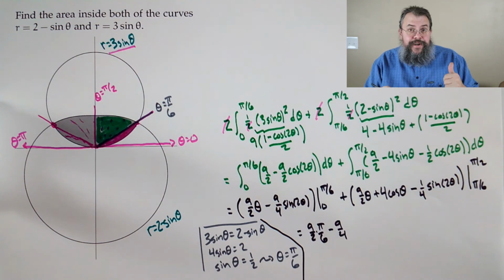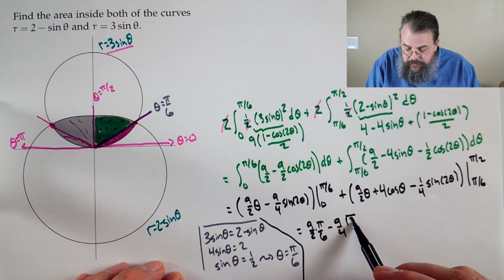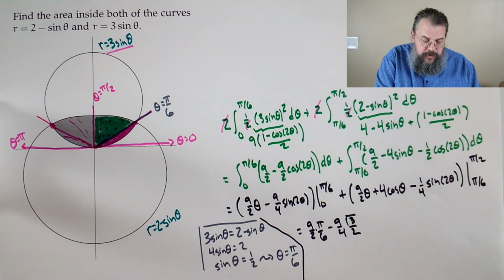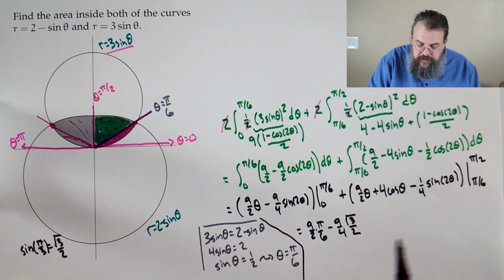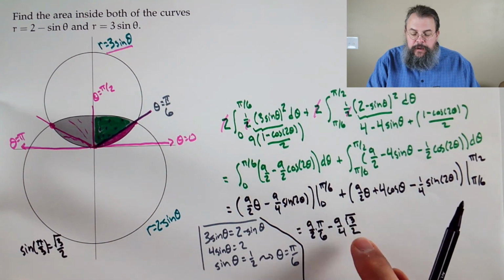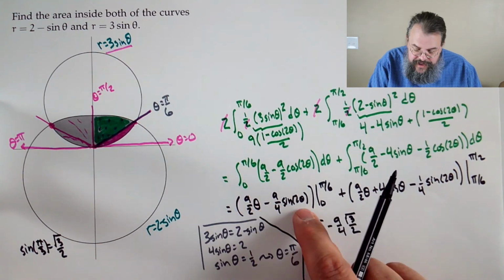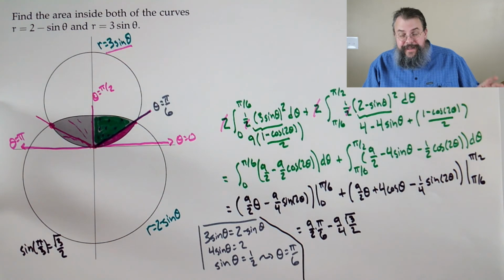Sine of pi thirds, we know, is the square root of 3 over 2. So that's that step. Plug in 0. Good news, sine of 0 is 0.